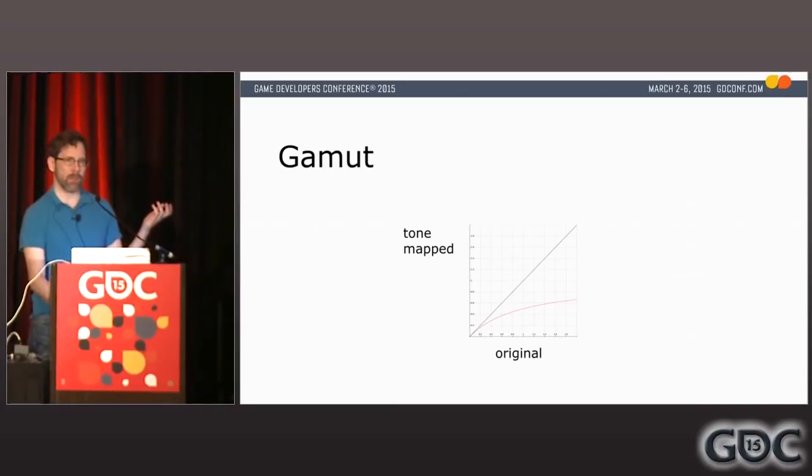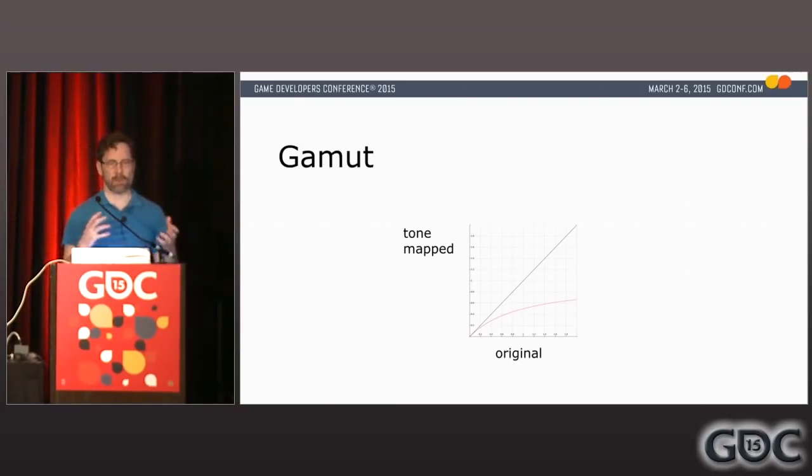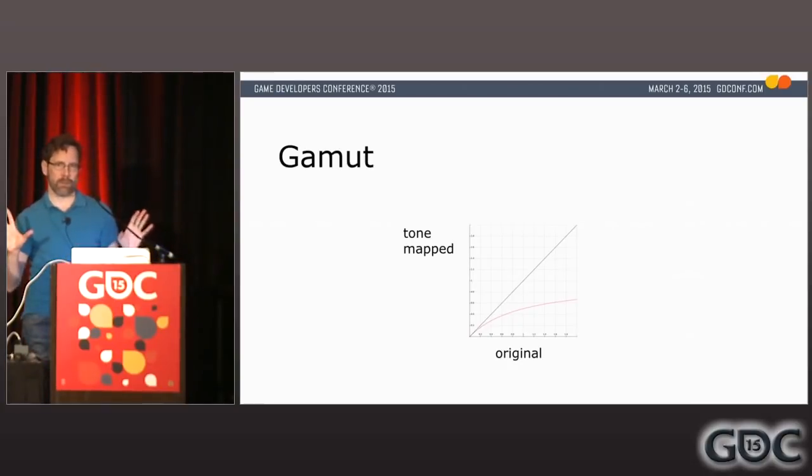But the standard method in games is to use tone mapping. And there are lots of different ways of doing tone mapping, but the standard method is you analyze your entire scene to get what's called a log average luminance, or just kind of think of it as an average brightness value. And then you use that as a key, and you scale all of your values so that your key lays at some medium brightness.